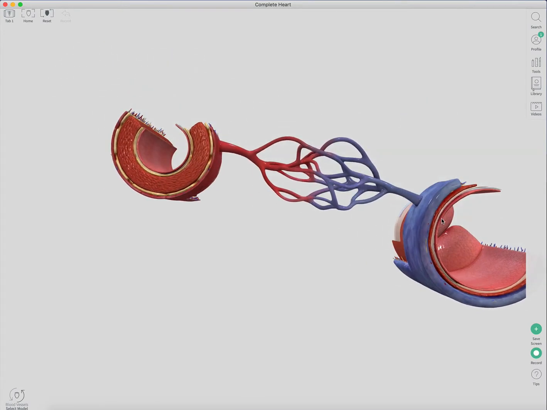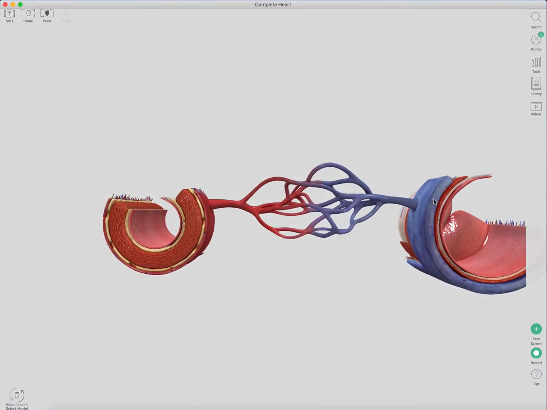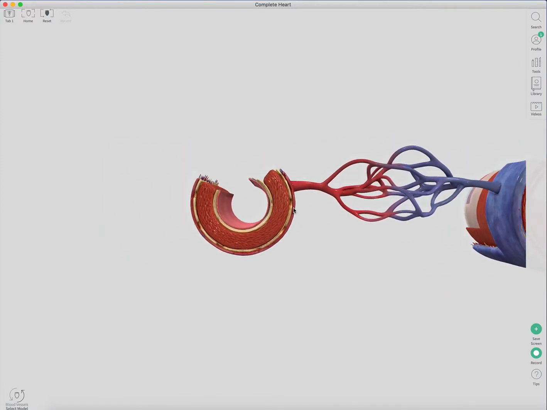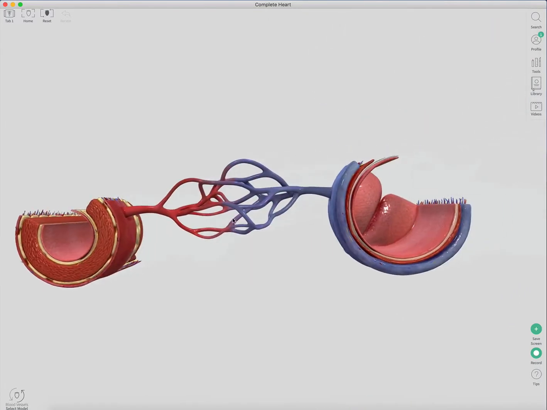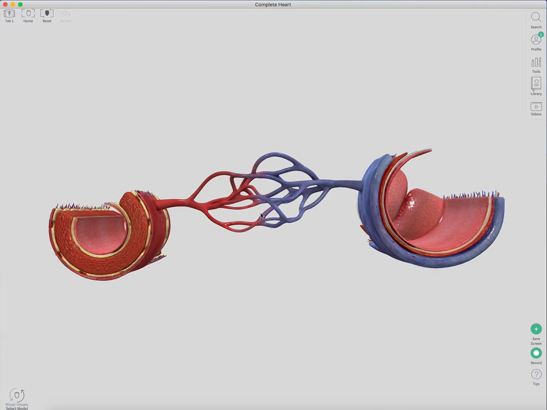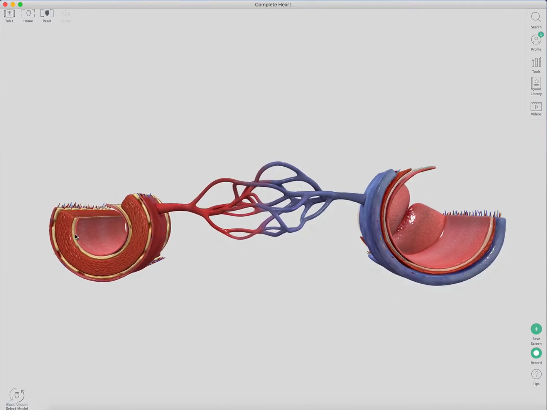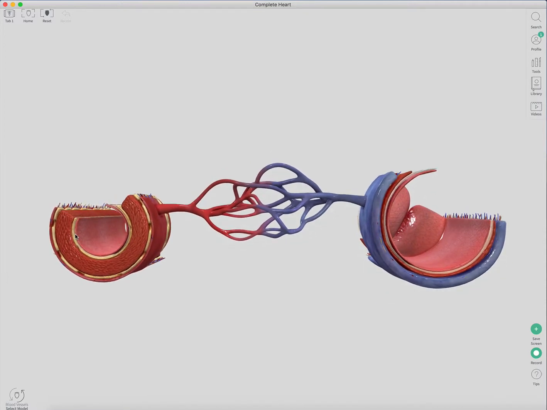Then the arteries have a smaller lumen. Because veins have a wider lumen, they will have a thinner wall. Arteries have a smaller cavity but a thicker wall surrounding it.